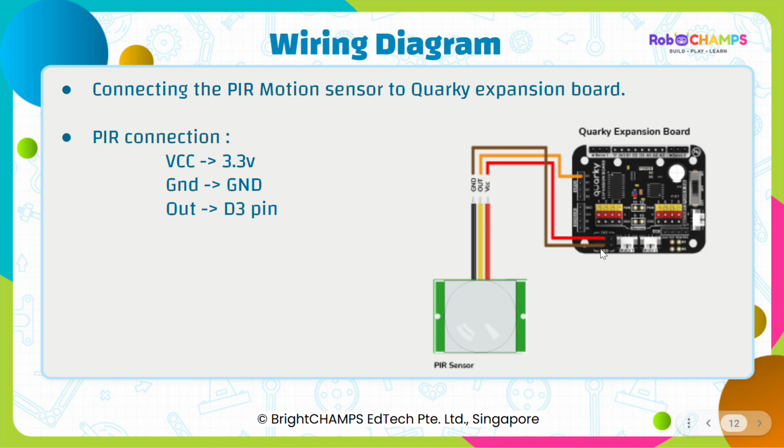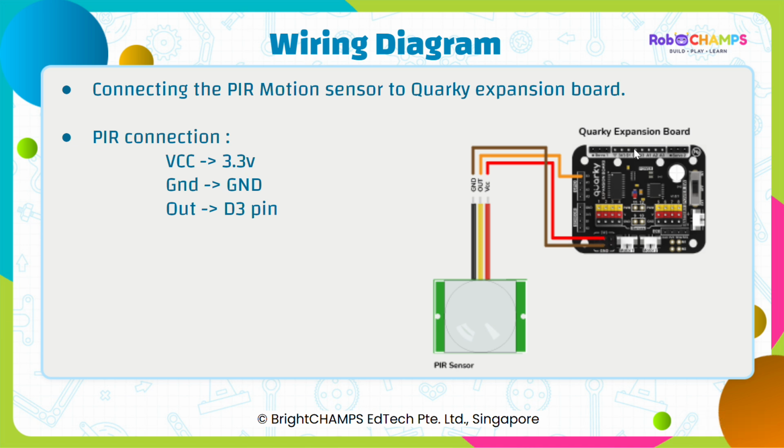And we'll connect the output, the middle one, to the D3 pin. And the VCC, the last one, we'll connect to the 3.3 volt, which is here.